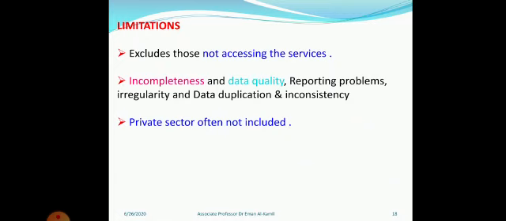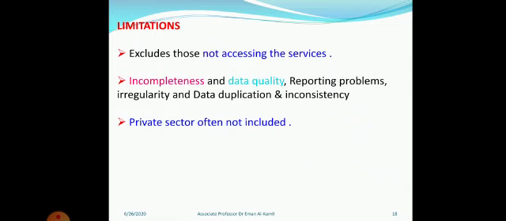The limitation is that it excludes those not accessing the services. It is provided for individuals who have access to this specialized center, but some people may consult other centers. So it does not give full information or a full registry on cancer, because many people may use other centers, for example private centers or private clinics, in order to have the care.